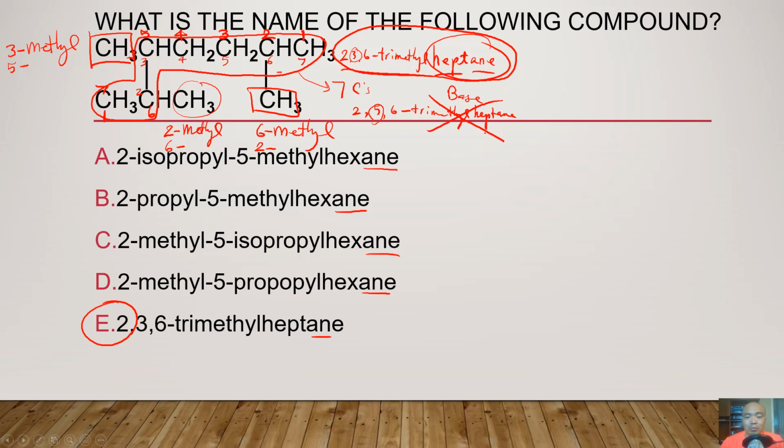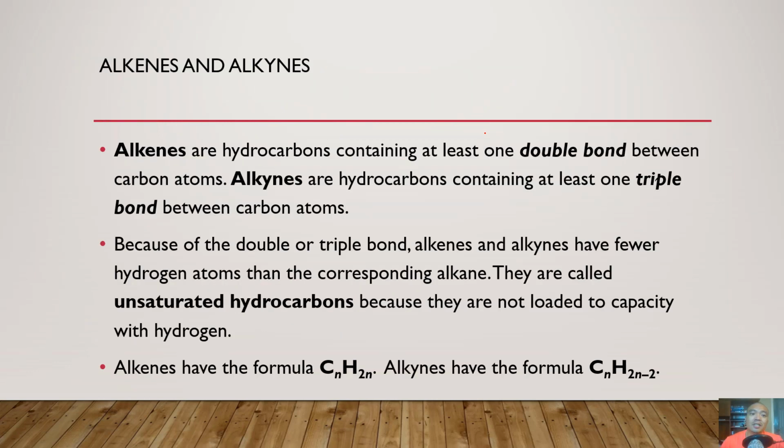So far, we have worked on many examples of alkanes. Let's look at the other two types of hydrocarbons, which are the alkenes and alkynes. Alkenes contain the double bond, and alkynes are the hydrocarbons that contain at least one triple bond.